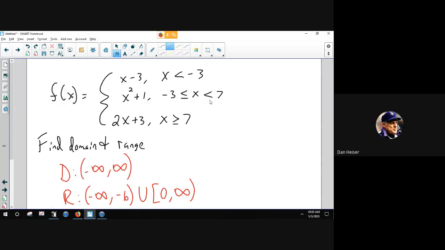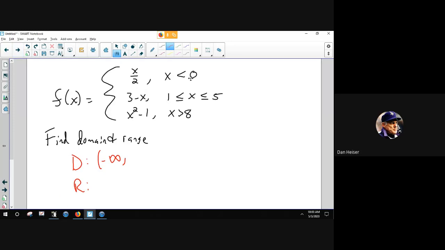Notice in the last one, we stopped at -3, but then we picked up at -3. Here we stop at 0 and pick up at 1. So I need to close this interval. Union. Now I pick up at 1 with a bracket. And I go up to 5. And then I check the next place and we start at 8.